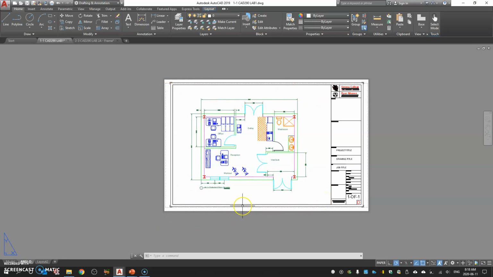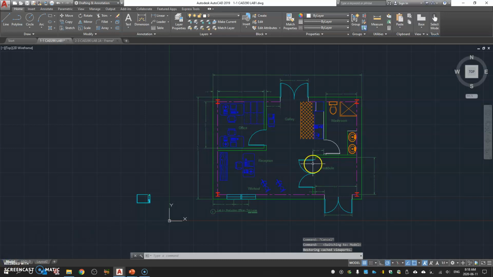So how to manage this? This is what Tim did in his video, and I'm going to do something similar here to show you what happened in the video. What we do, we use the rectangle to put a rectangle around the view.